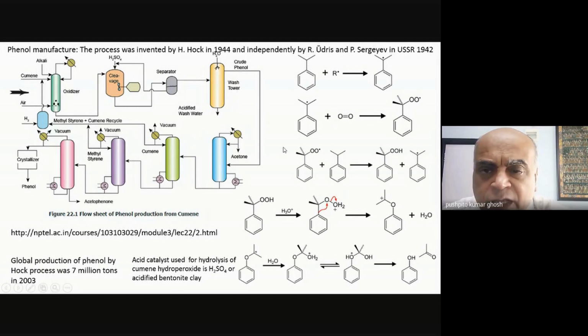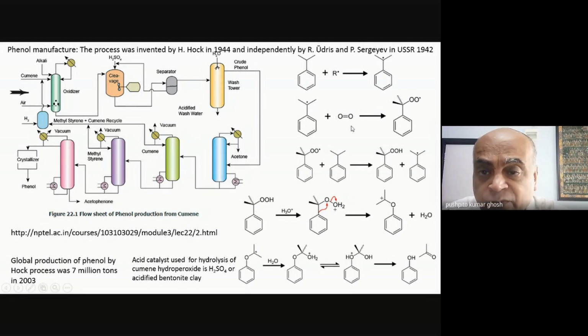Let's look at some of the complexities of this process. As you can imagine, it's a radically initiated process. It's undergoing an air oxidation, but initiated by radicals. This radical, by the way, forms simply because it is conjugated with the ring, and therefore there's a stabilization of this radical. That's the reason why it forms. Otherwise, it wouldn't have formed, or it wouldn't have been so stable.